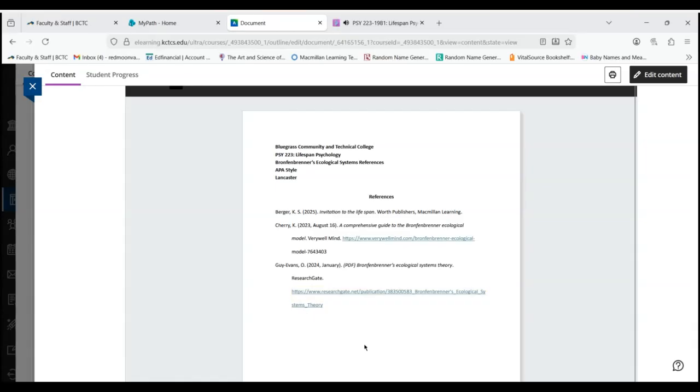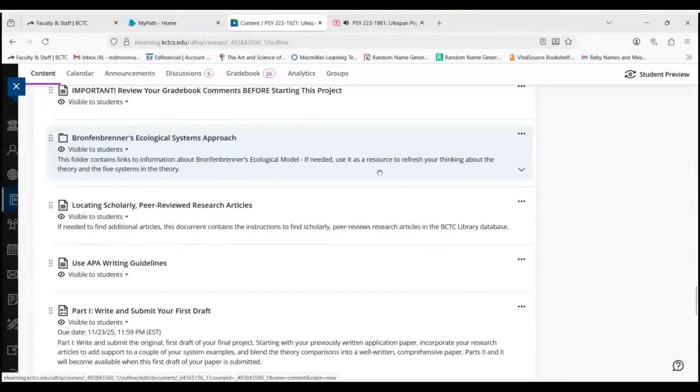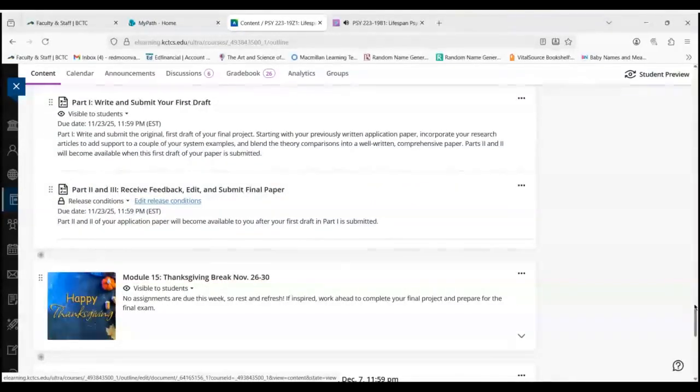You can copy and paste these into your references, or just copy this whole page, take this part off, right? And use references. It's really helpful. I'm okay if you want to do that. So this is the book, and these are the two websites that we learned information from. So that's in the APA writing guidelines.